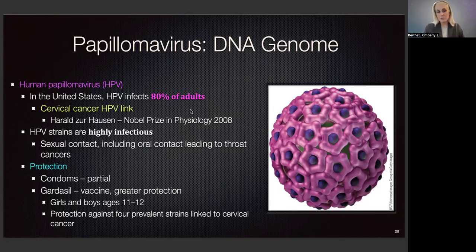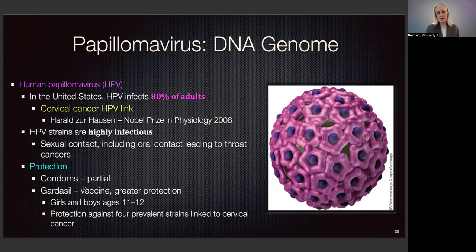Condoms don't always provide 100% protection, though, as HPV is not only found on the genitals, but around the genital regions, and condoms don't cover all of these areas. So they don't protect 100% against HPV. While this is a barrier method, it doesn't block all contact in this case. And again, oral exposure can also pass HPV from person to person.